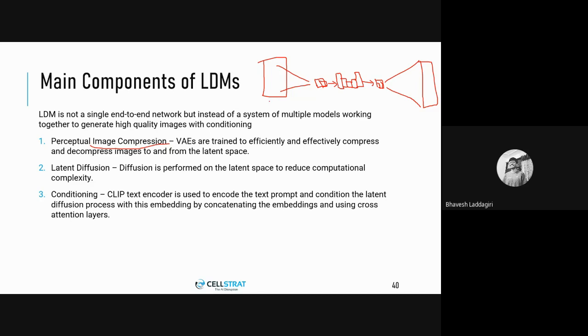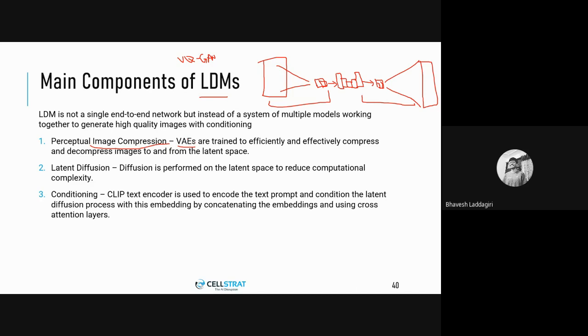Now, because we want to do this encoding decoding part, we are going to use variational autoencoders. The original paper actually experimented with two things. It experimented with VQ GAN, which is the part where it used GAN aspects as well, and then variational autoencoders. Stable diffusion is actually using the variational autoencoder version.